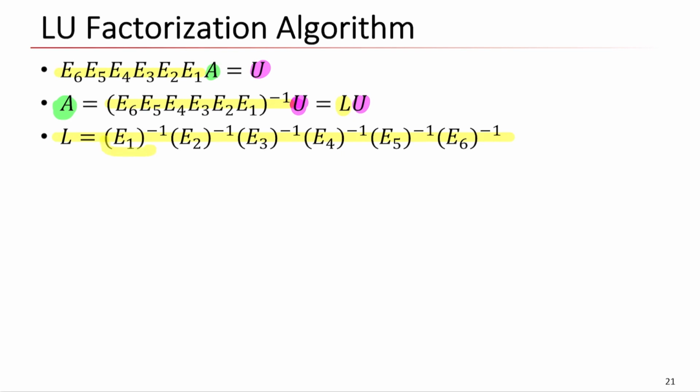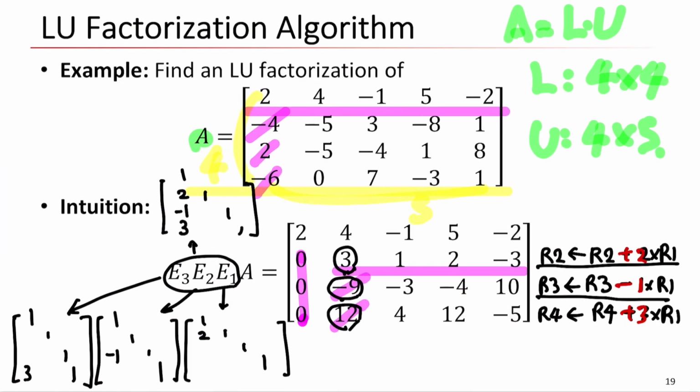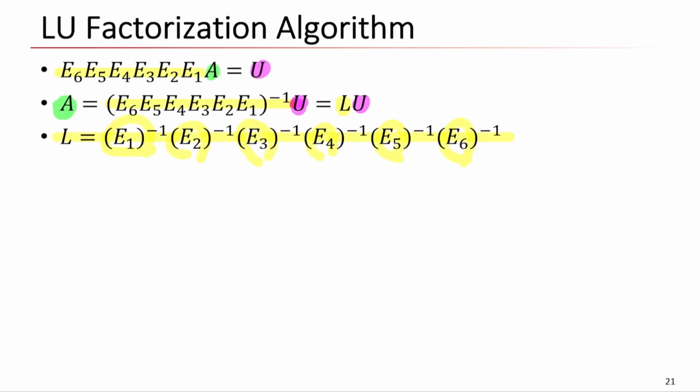We already have E1, E2, E3, E4, E5, E6 from here, right? First of all, let's think about E6 through E1.